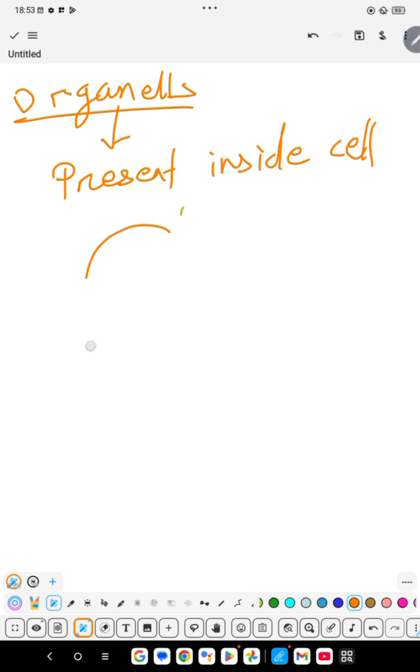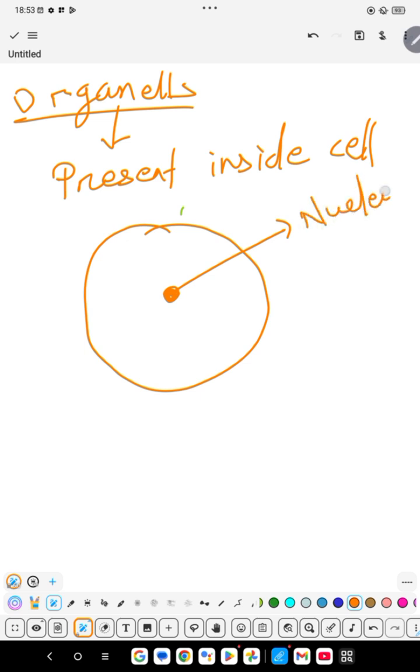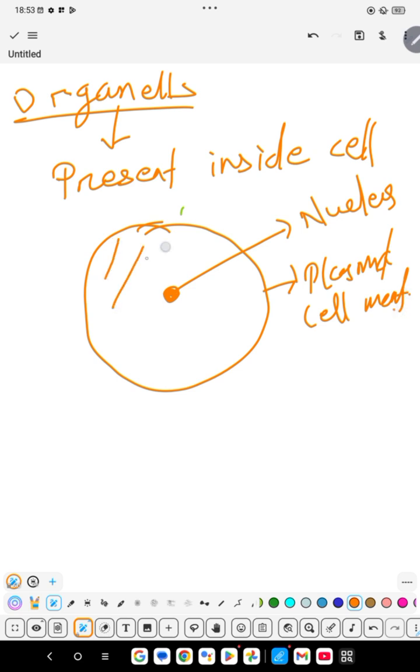Let's suppose this is your cell. Okay, here is the nucleus, and this outer membrane is the plasma membrane, and you can also call it the cell membrane. Okay, and between these there is a liquid called the cytoplasm.